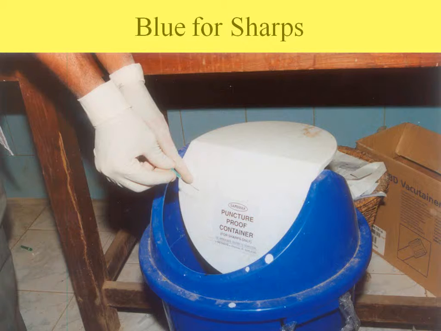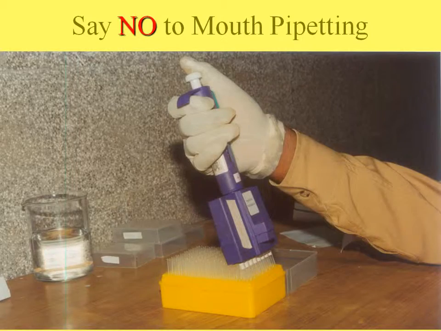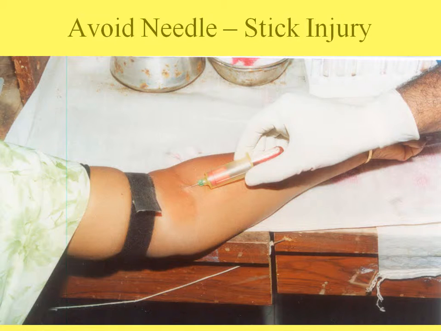We use yellow and red. What do you all use? Glue for paper. Cardboard box. And then the needle stick injury happens at this particular moment.